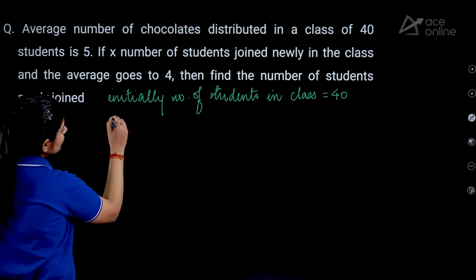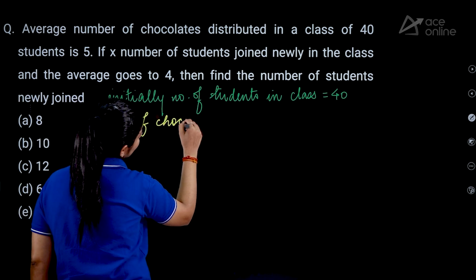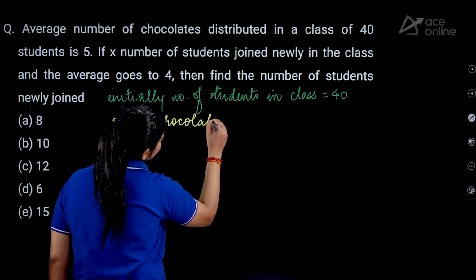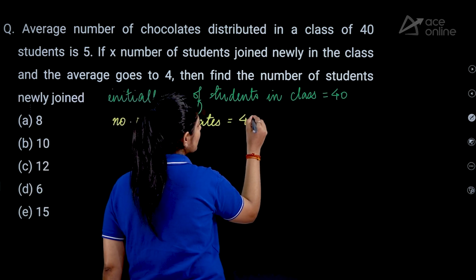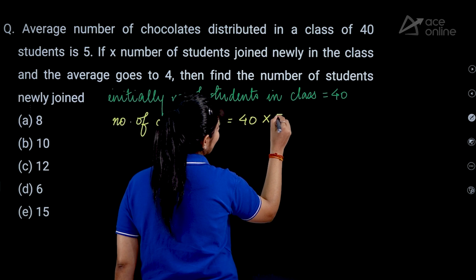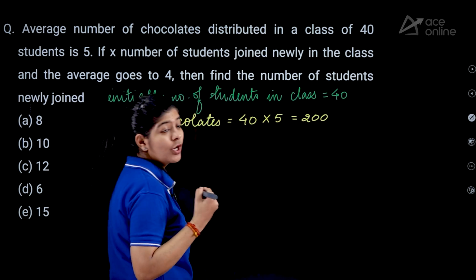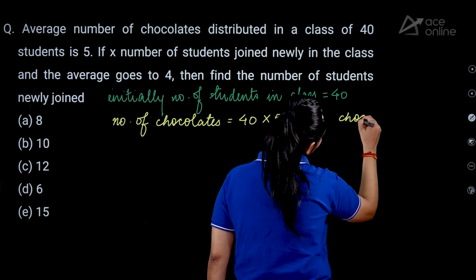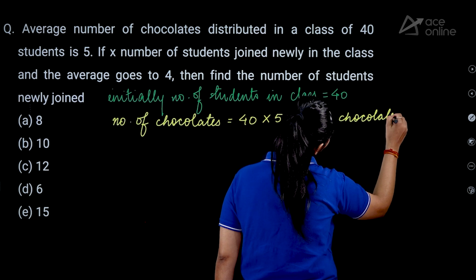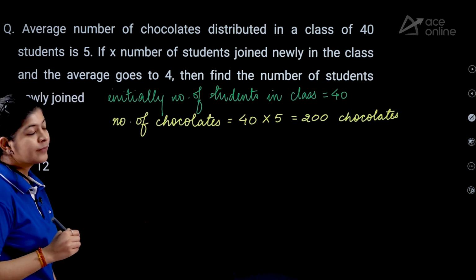So the number of chocolates at the very initial level is 40 students with 5 chocolates each. That means the total number of chocolates that we have is 200.